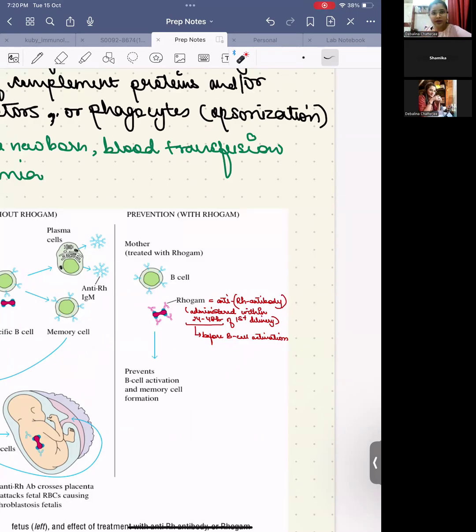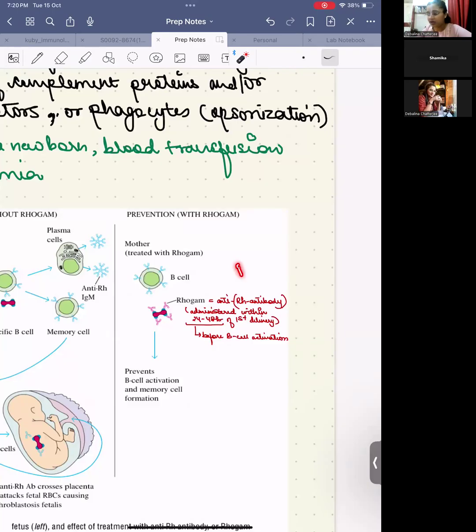So how do we do it? This works with almost 100% success. It has been shown that there's a particular drug called Rhogam. It's nothing but an injection. What is present inside this injection is anti-Rh antibody.